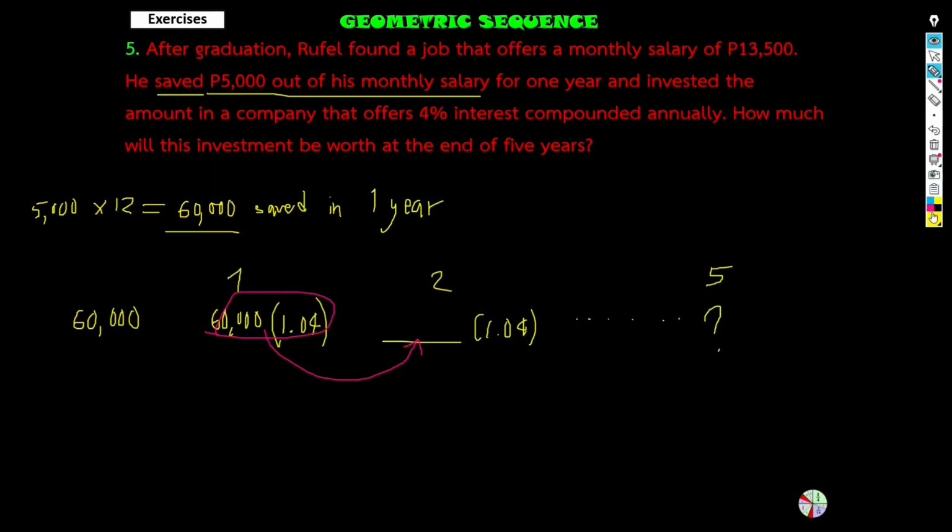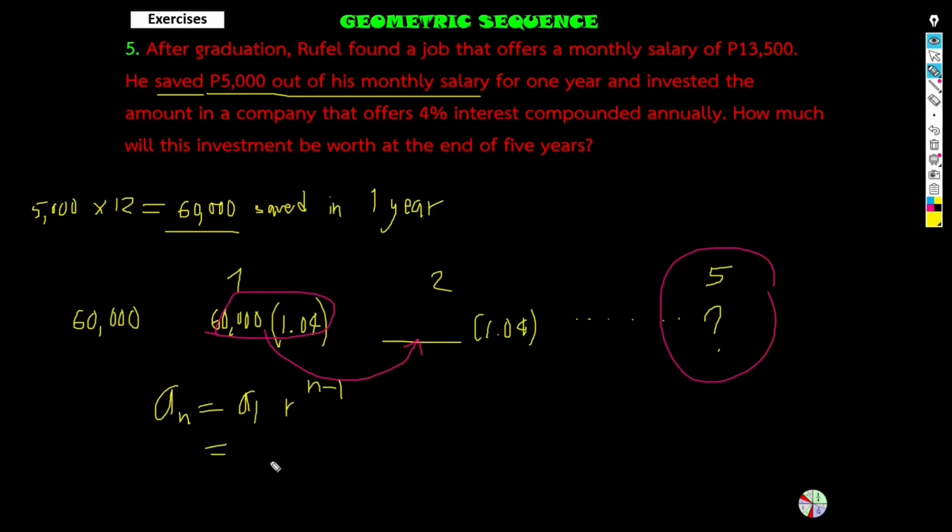This is the question. So that will be a sub n, which is equals to a sub 1 times r to the power of n minus 1.